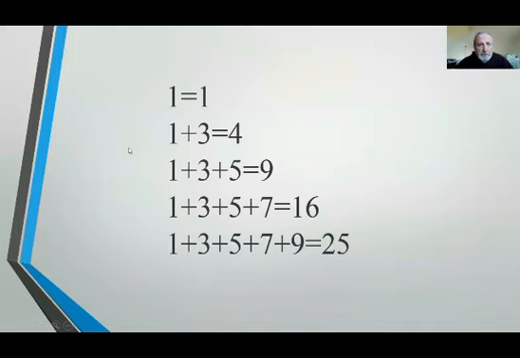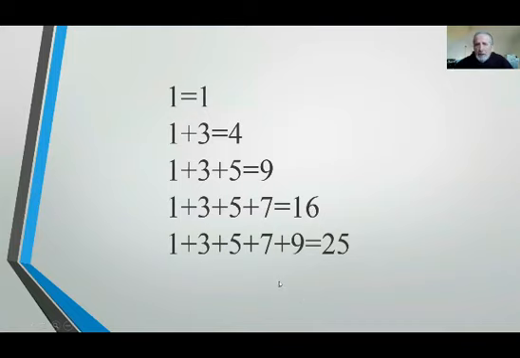Now, this example: 1 is equal to 1, 1 plus 3 is equal to 4, 1 plus 3 plus 5 is equal to 9, 1 plus 3 plus 5 plus 7 is equal to 16, and then you add 9 here, equal to 25. So what I'm doing here, I'm adding the first few odd integers, and I'm getting these numbers 1, 4, 9, 16, 25.